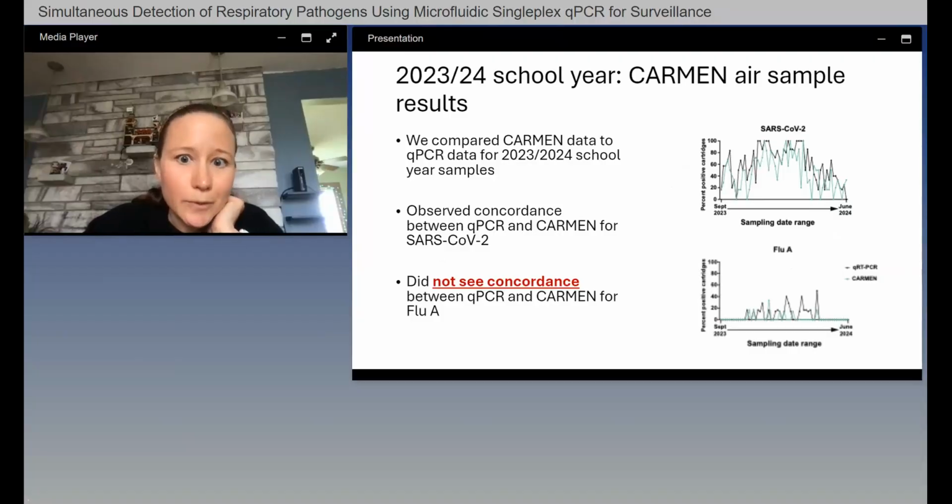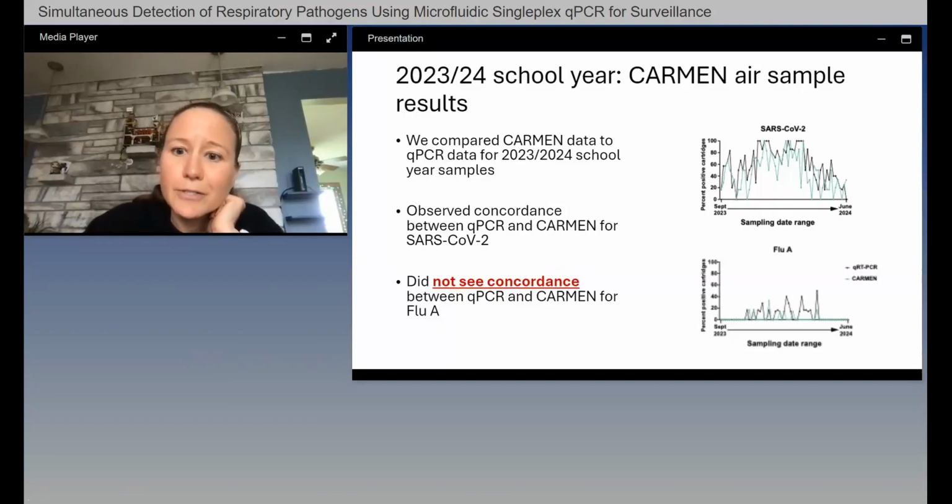For the 2023-24 school year, we compared Carmen to quantitative PCR. Over here on the right, I'm showing you the results for SARS-CoV-2, with qPCR shown in the black lines. Our sampling dates range from September 2023 to June of 2024, and I'm showing you the percent of positive cartridges on the y-axis.